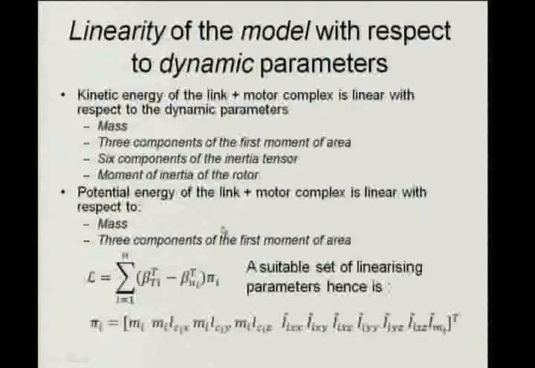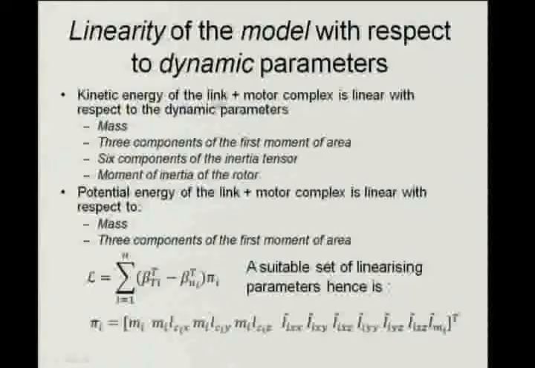And finally, we see this is very, very messy. There are so many terms, there are Christoffel symbols. So there are these additional things which you can derive, fairly simple: the kinetic energy of the link plus motor complex is linear with respect to dynamic parameters: mass, 3 components of the first moment of inertia, 6 components of the inertia tensor, and moment of inertia of the rotor.